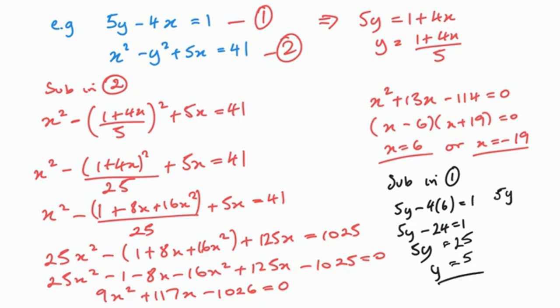And 5y minus 4 lots of minus 19 equals 1. Sorry. So 5y plus 76 equals 1, so 5y equals minus 75. y equals minus 15.